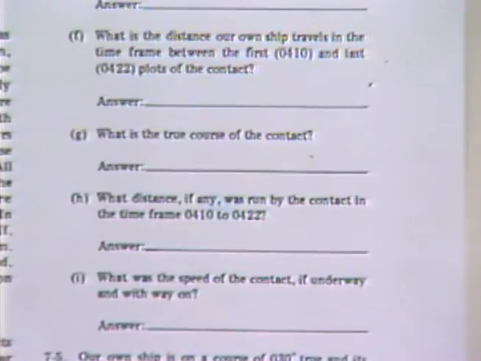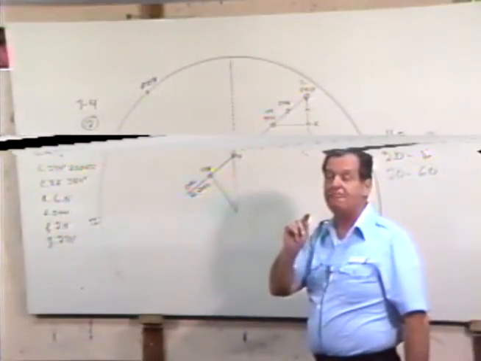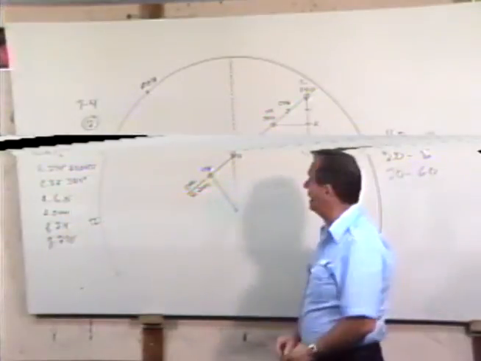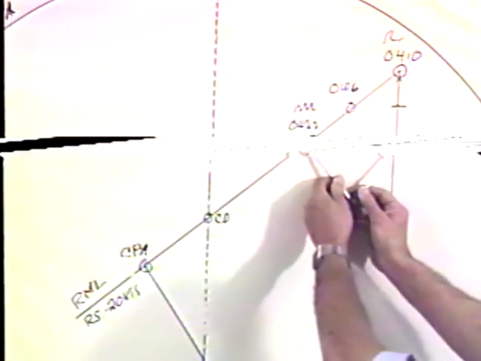The next question, H, what distance, if any, was run by the contact in the time frame 410 to 422? Now you notice they did not say relative. They said, what is the distance run by the contact? The distance run by the contact is measured from E to M. Just like each of these lines that you have in this triangle are all distances that have been run in 12 minutes, so will this distance be the distance that's run in 12 minutes.